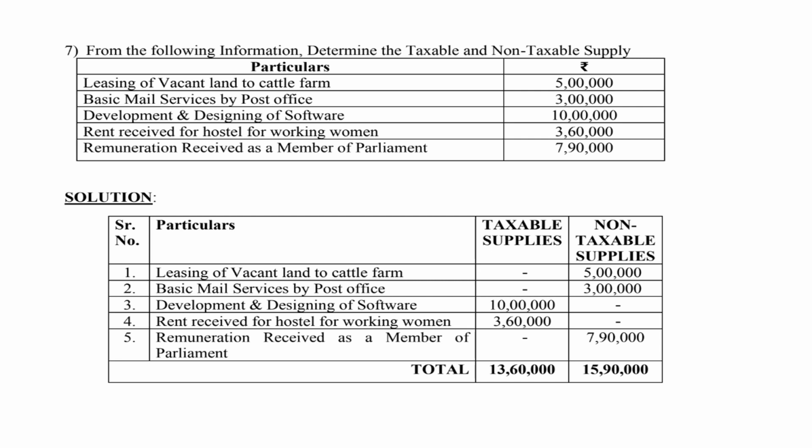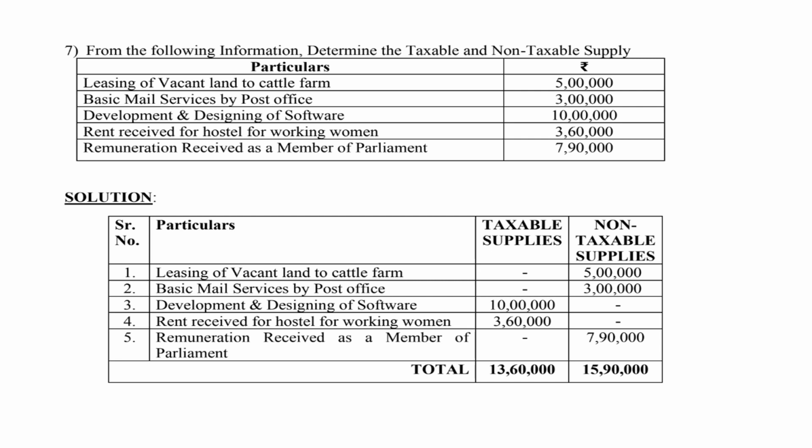Then rent received for hostel for working women. The amount is 3,60,000. Then remuneration received as a member of parliament is a non-taxable supply, so this 7,90,000 will come in the non-taxable supply column.